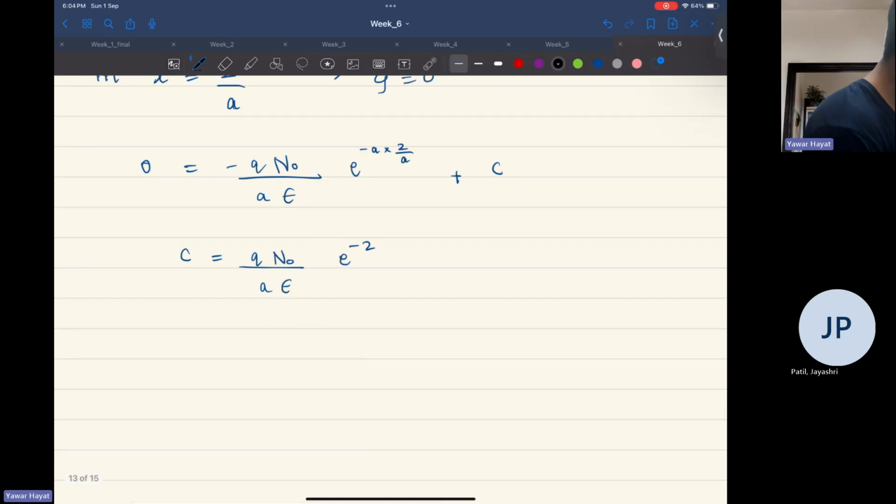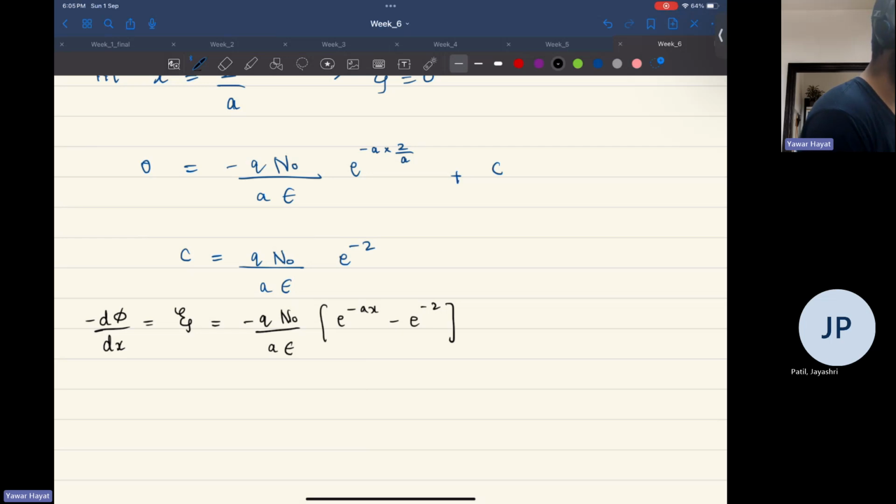Now you'll write minus d phi by dx. That is equal to electric field, which is equal to minus qn0 whole divided by a epsilon, your exponential of minus ax minus exponential of minus 2, right? And what is your phi?